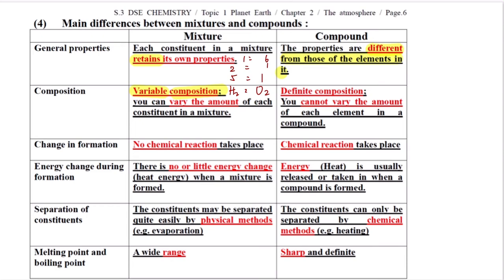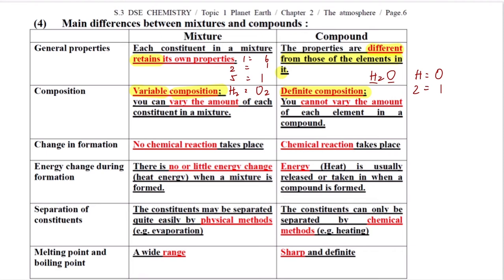But for a compound, for example, we have H2O. Here the ratio should be 2:1 according to the formula. So we have definite composition. We cannot vary the amount of each element. For H2O, it should be 2 hydrogen and 1 O. The ratio should be fixed.